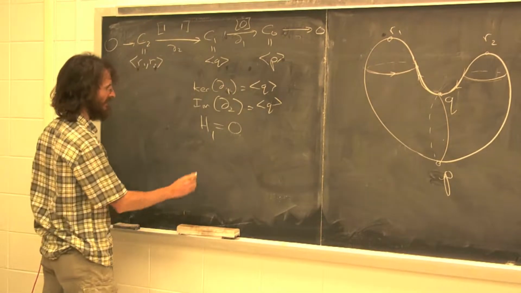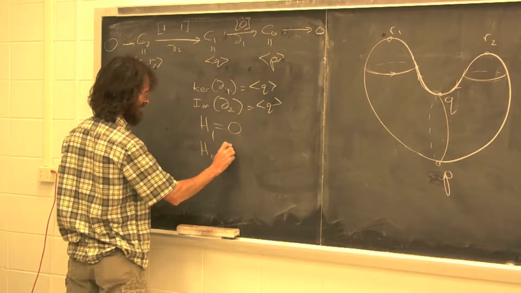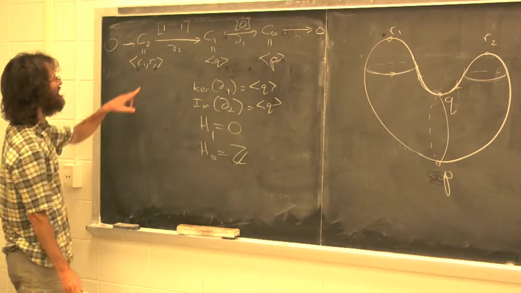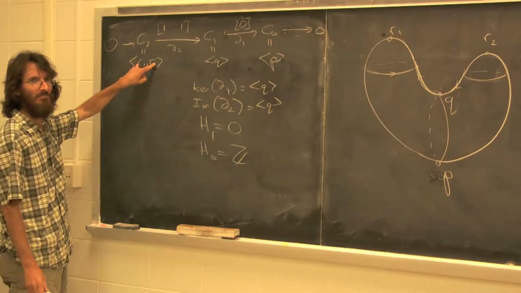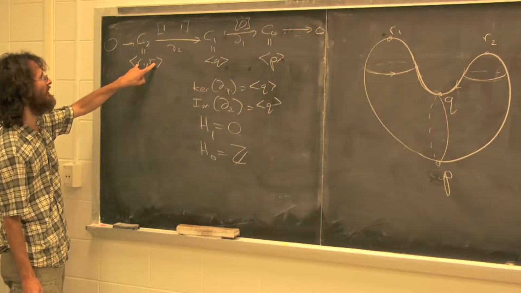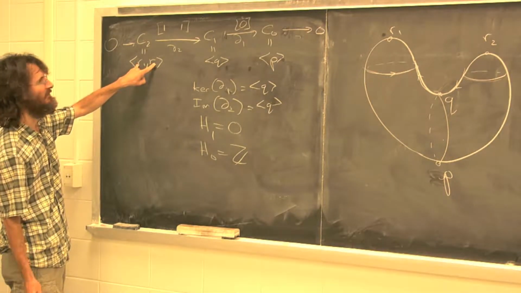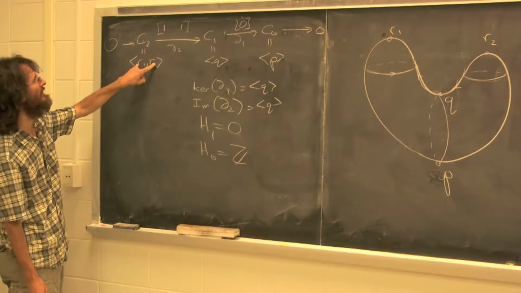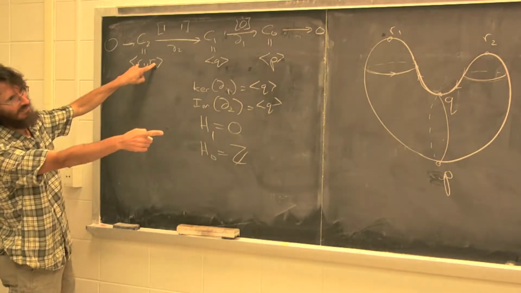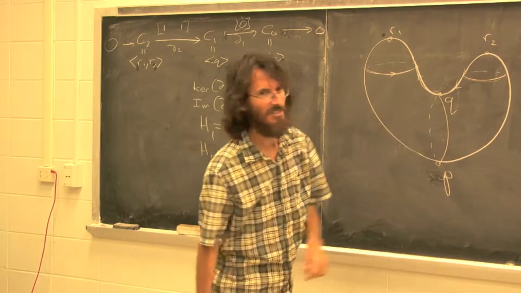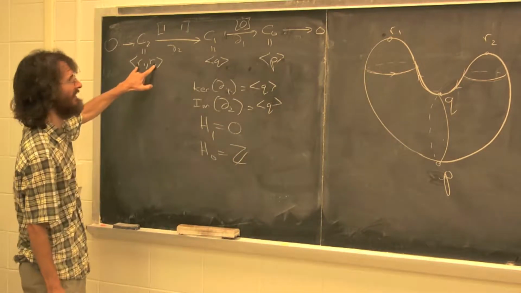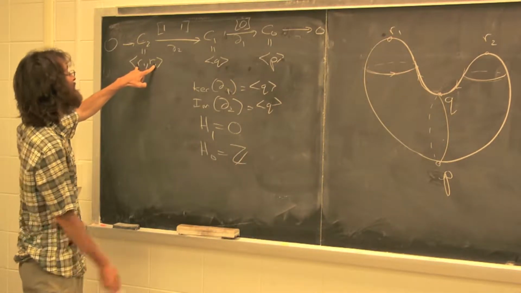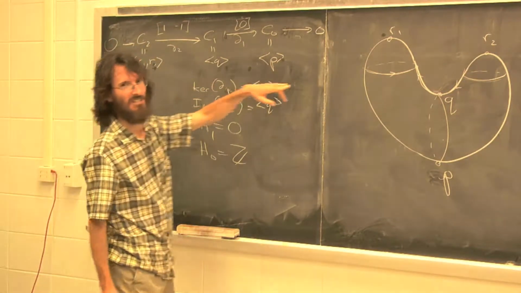And so therefore H1 is still 0, and H0 is Z, obviously. For H2, well, we have 2 generators now, but the only thing in the kernel is the sum of them, with certain signs. If I had oriented it differently, say that's minus 1, it depends on how your orientation goes.